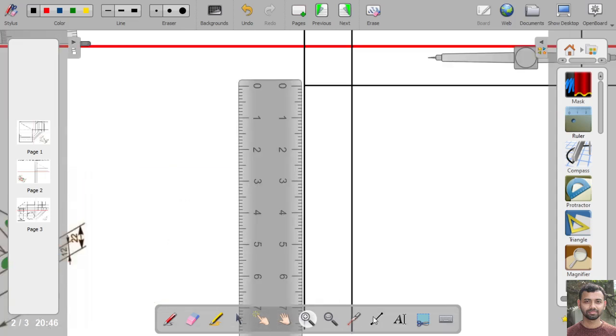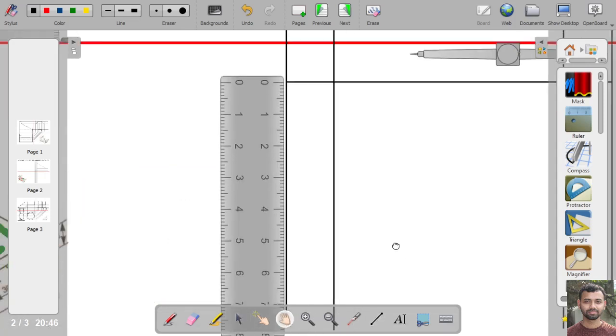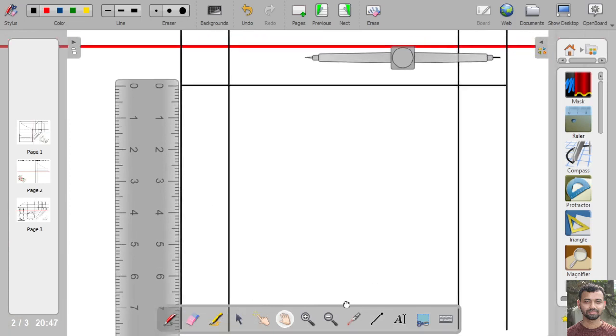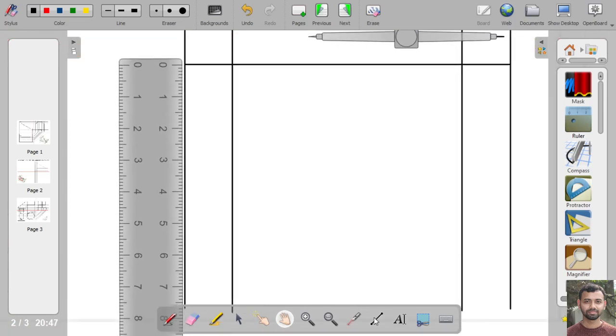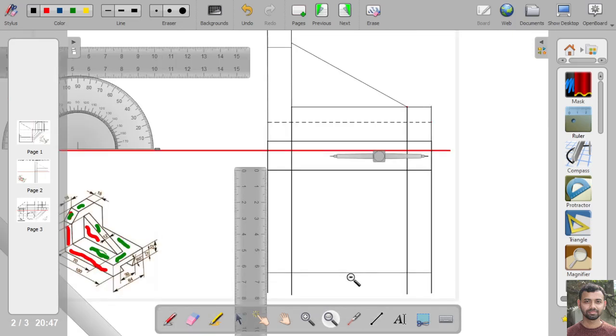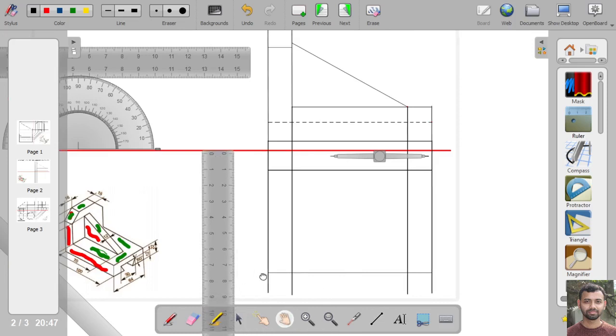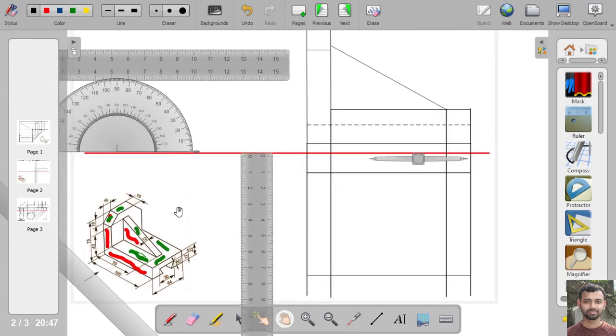That means 64, so up to this point. Okay, completed. Now when we look from the top, we are able to see these three portions.